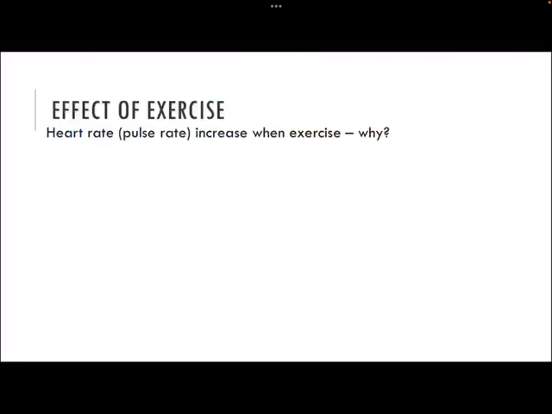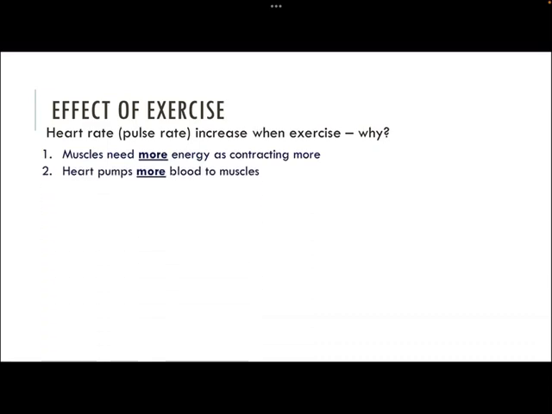So when you exercise, your heart rate or your pulse rate increases. Why is that? The explanation you would give is that muscles need more energy as they are contracting more, that the heart is pumping more blood to the muscles to deliver more glucose and more oxygen for more respiration.